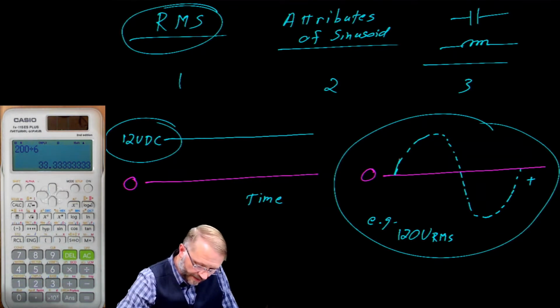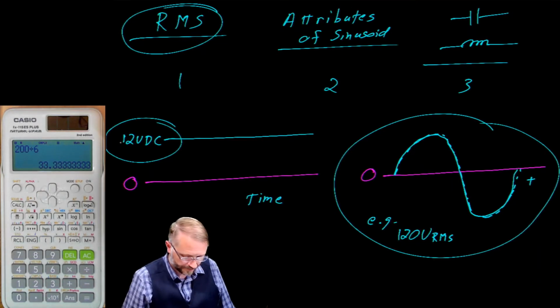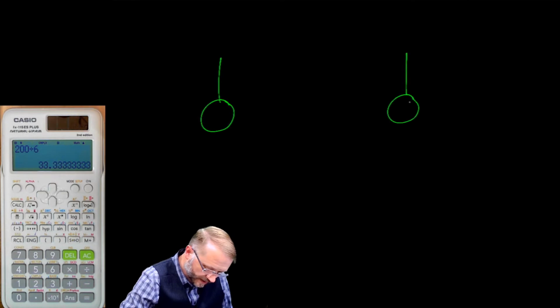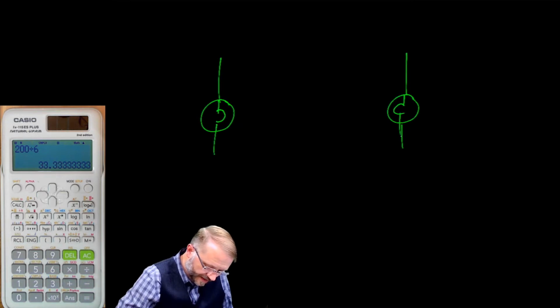While that's all well and good, we still haven't described how we convert this waveform that changes in time into a single DC number. To equate the two, I propose a thought experiment. Suppose we had 2 light bulbs. So we have the filament inside and the filament inside.